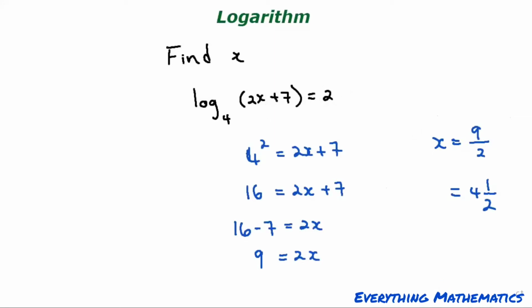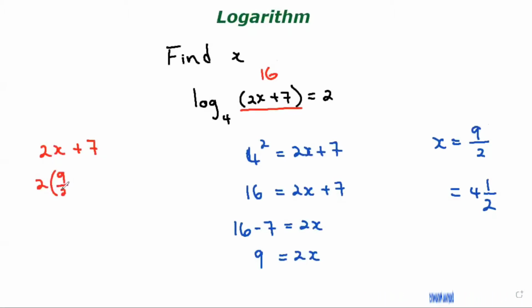I'm not sure if you understood what I said, so let me just demonstrate. We're saying that what's inside here is supposed to be equal to 16, and we can see that is true because if x is 9/2, and we substitute in here, we have 2x plus 7, so 2 into 9/2 plus 7. The 2 cancels 2, leaving 9 plus 7, and that's equal to 16.